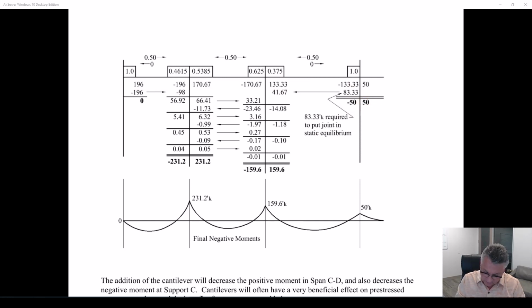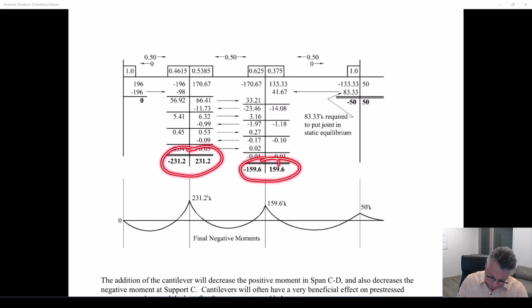And that's the difference. But now, instead of positive 133.33 and carrying that over, I'm carrying over half of 83.33. That's it. Everything then launches off, does the same thing it did before. These numbers, of course, are no longer the same as they were before, but the process is exactly the same.